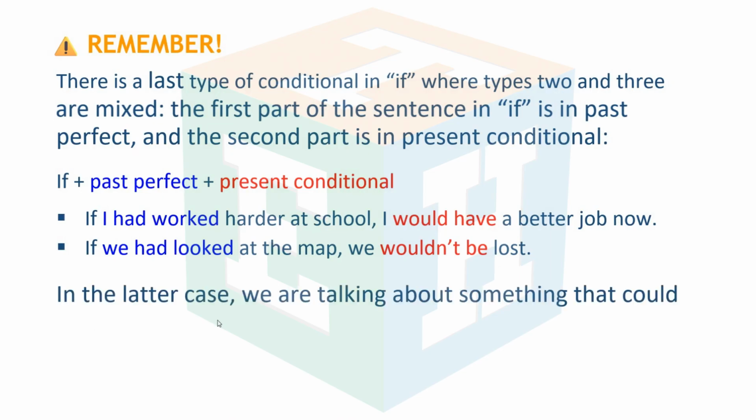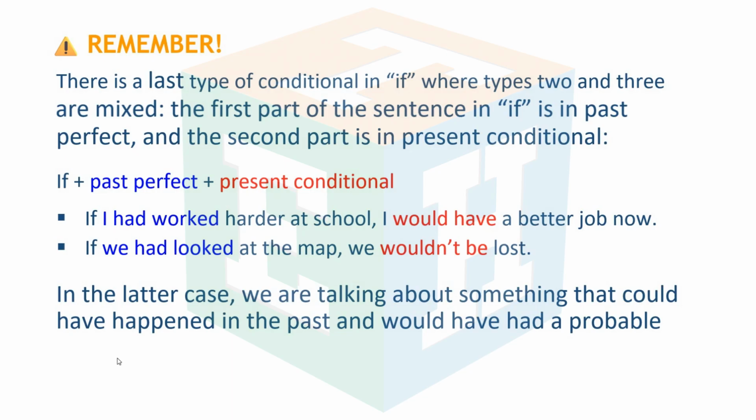In the latter case, we are talking about something that could have happened in the past and would have had a probable consequence now.